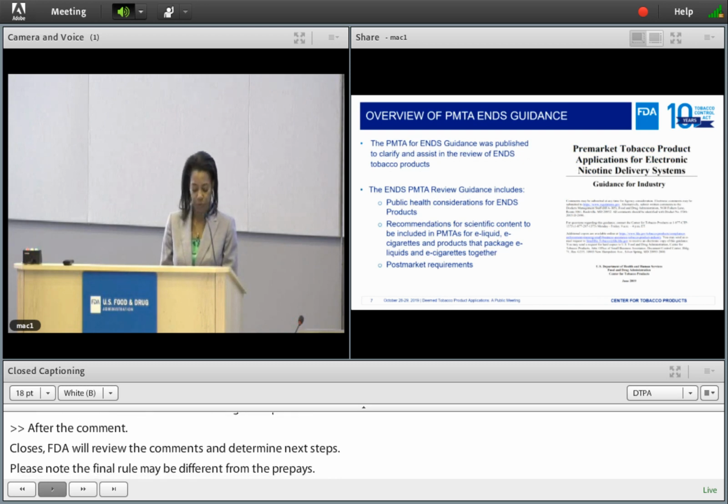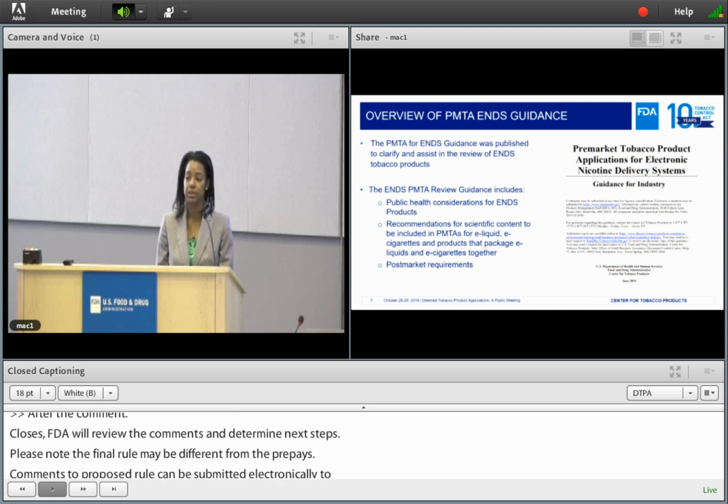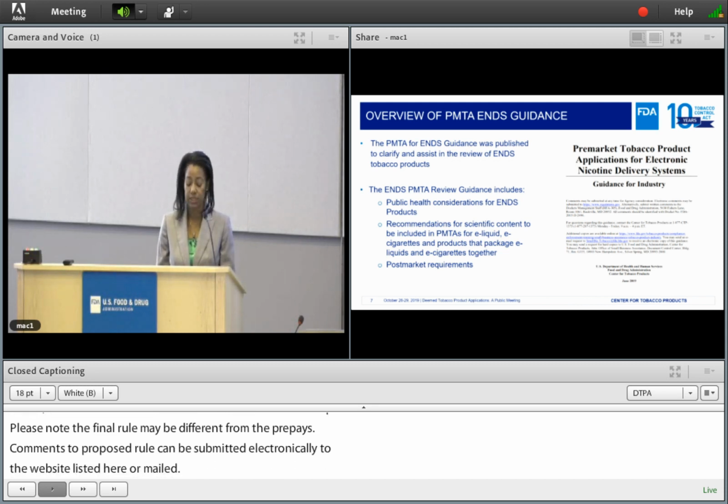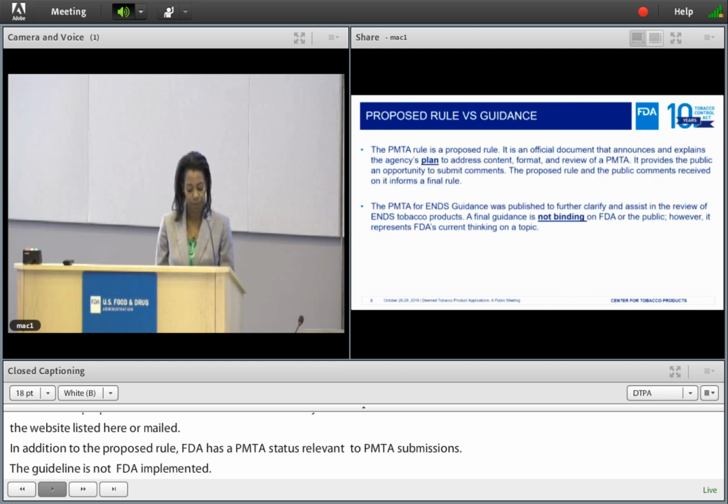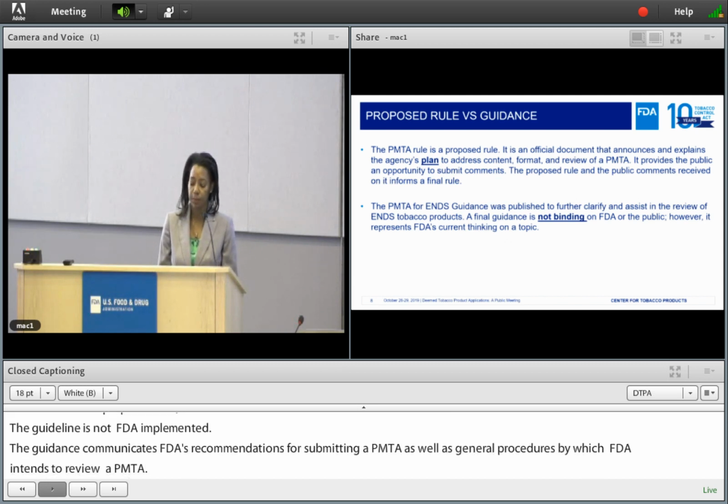In addition to the proposed rule, FDA has the PMTA for ENDS guidance available that is relevant to PMTA submissions. The guidance is not FDA implemented policy. Rather, the guidance communicates FDA's recommendations for submitting a PMTA, as well as the general procedures by which FDA intends to review a PMTA. A question an applicant may have is, what is the difference between the PMTA proposed rule and the PMTA guidance?